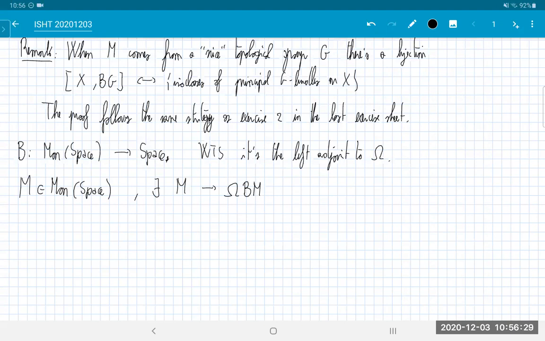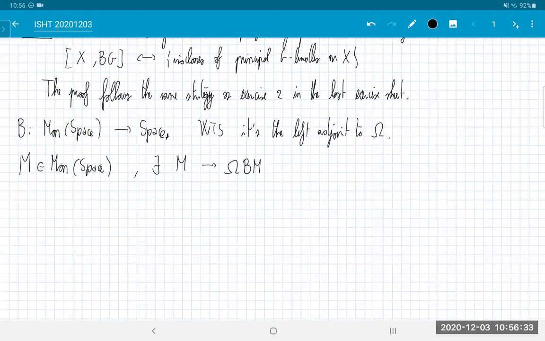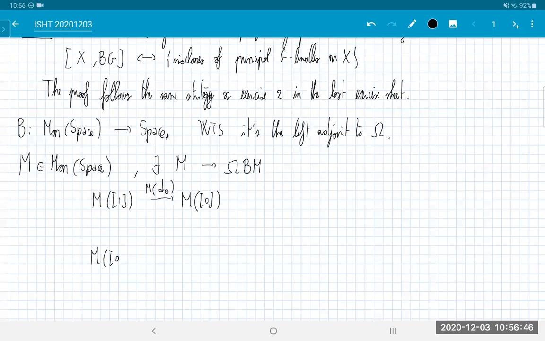At the level of underlying spaces, it's kind of obvious what to do. You have M of 1, the underlying space of M, and this maps to M of 0 via, say, M of d0 and via M of d1, and this maps to this colimit.